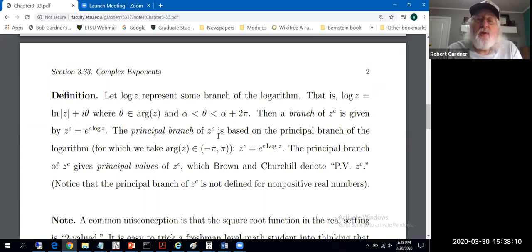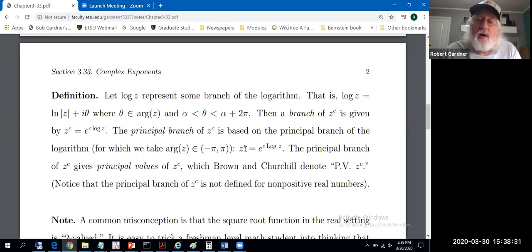Principal branch of the log was based on choosing arguments between negative pi and pi, excluding the endpoints for analytic reasons, for differentiability reasons, and continuity reasons. So the branch of z to the c is simply z to the c equals e to the c capital L log of z, principal branch of the log.